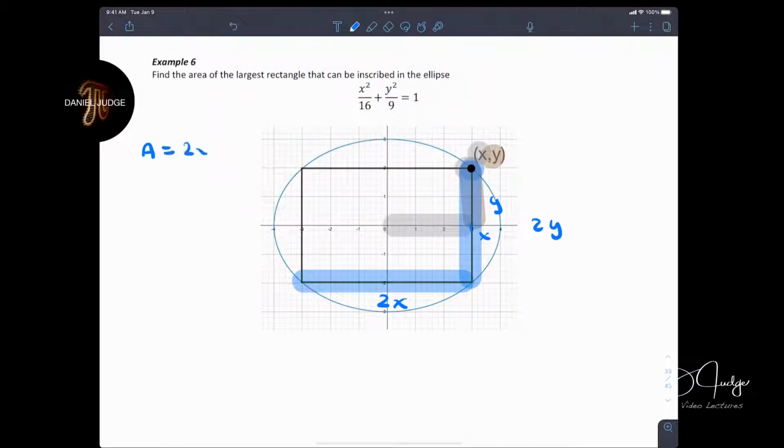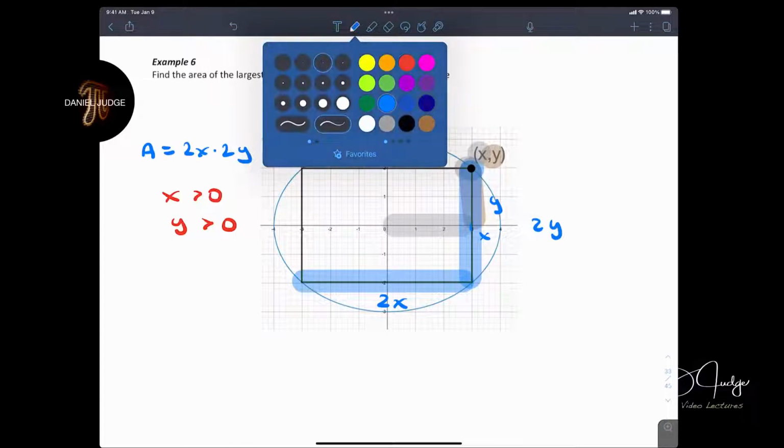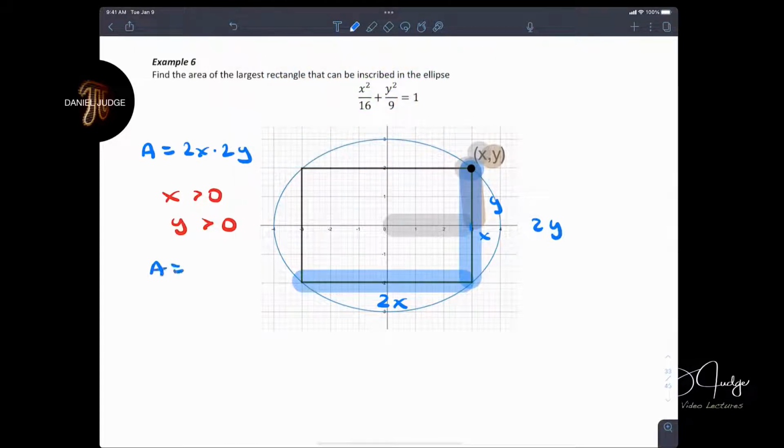That will be 2x times 2y, where x is positive and y is positive. That's an important detail. We're not going to get negative area. Then the area becomes 4xy.